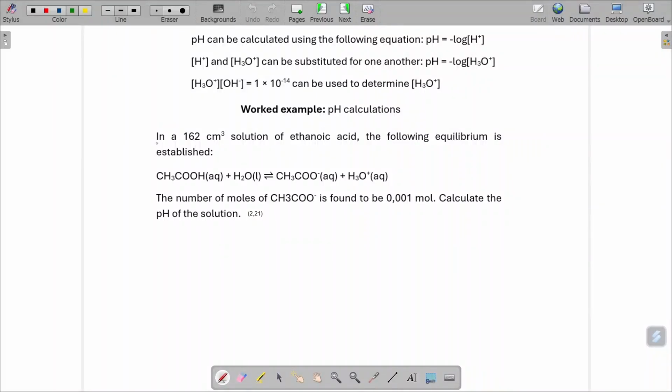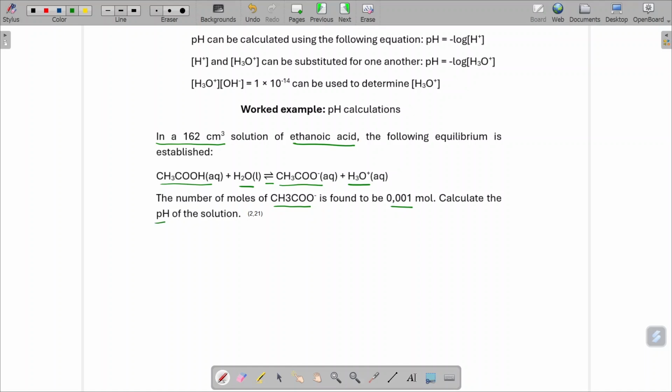Let's look at an example. So here we've got this problem statement: in a 162 cubic centimeter solution of ethanoic acid, the following equilibrium is established. CH3COOH plus H2O, this is a reversible reaction, forms CH3COO minus ions and hydronium ions. The number of moles of CH3COOH is found to be 0.001 mole.